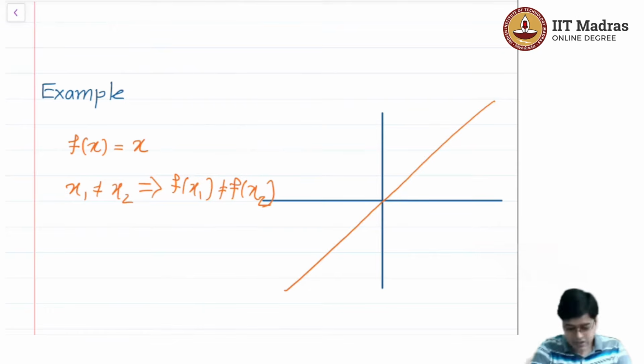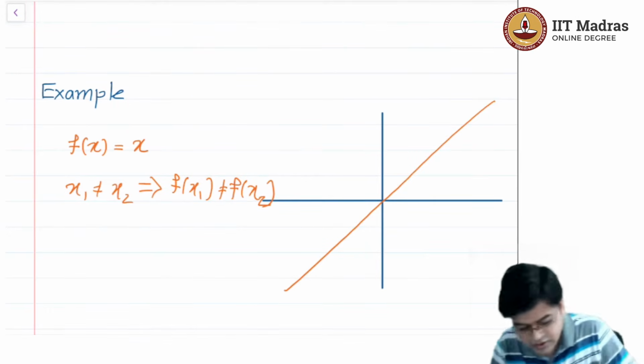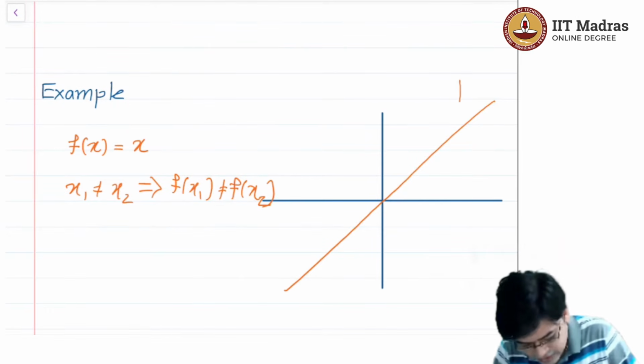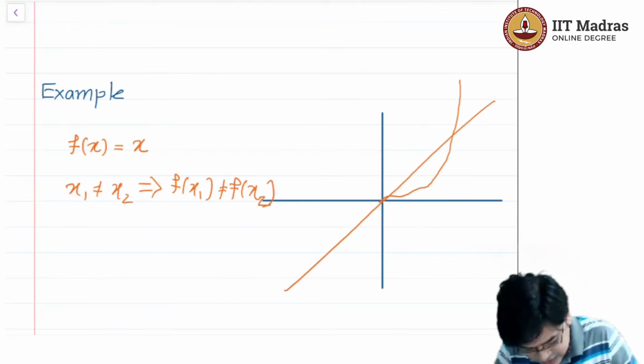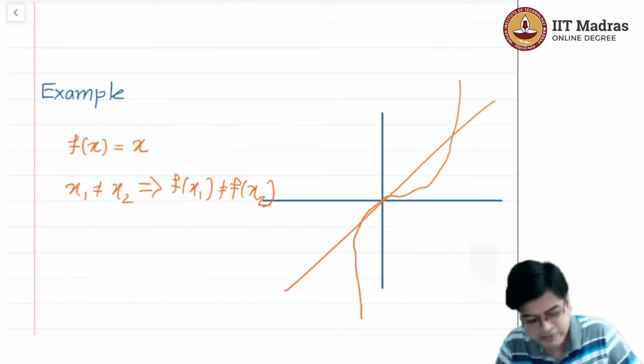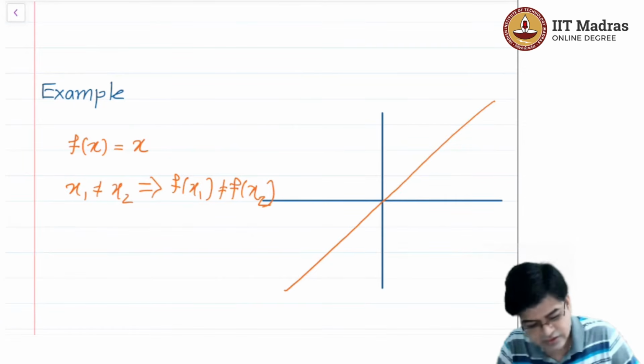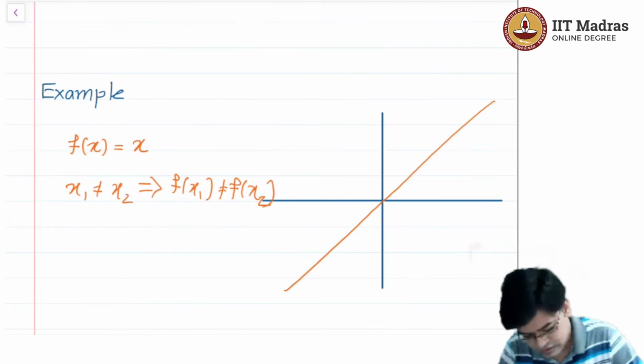So it is an exercise: what about if you take a cubic function? So a cubic function will pass like this. Sorry, it's not a correct diagram of a cubic function. Let us change the color as well. A cubic function will have something like this.